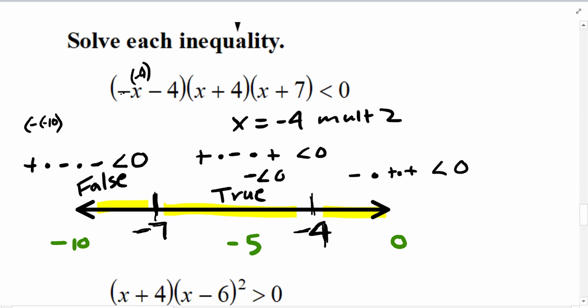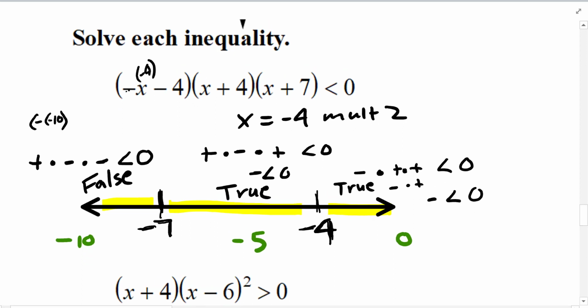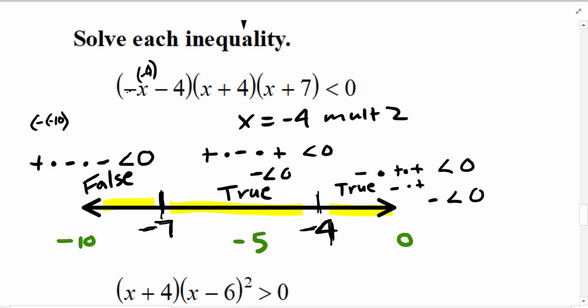So a negative times a positive is a negative. Then a negative times a positive again is a negative. Is a negative less than 0? This area is true. So be careful. Sometimes you can have two segments right in a row that are true. And look at, this is why remember, this was a multiplicity of 2.